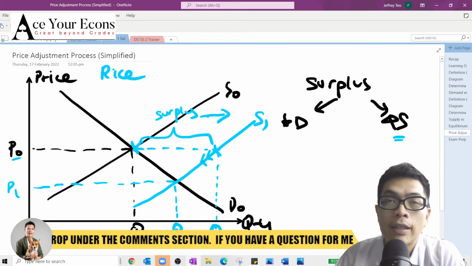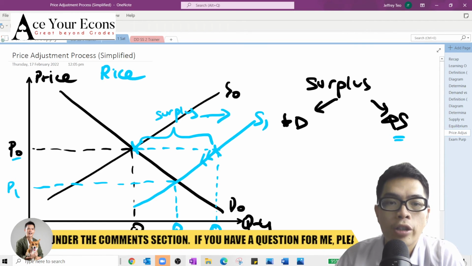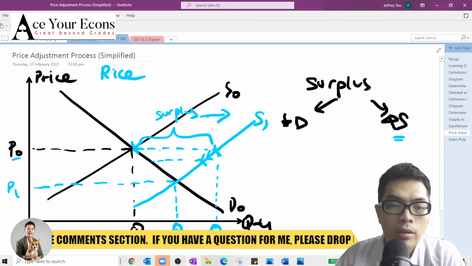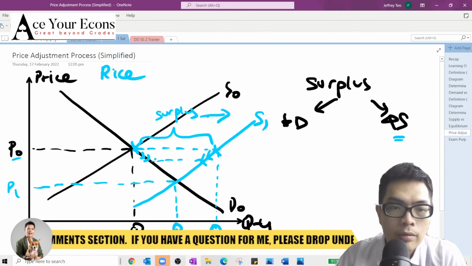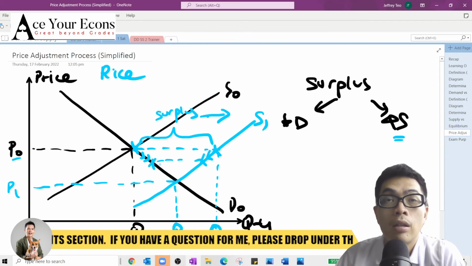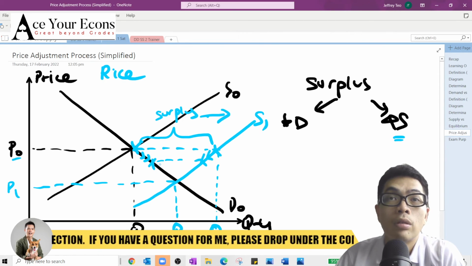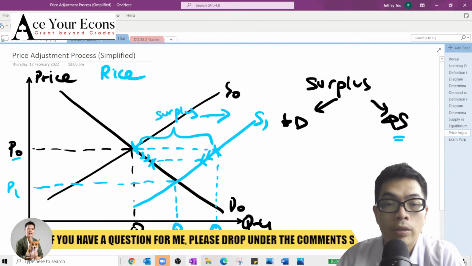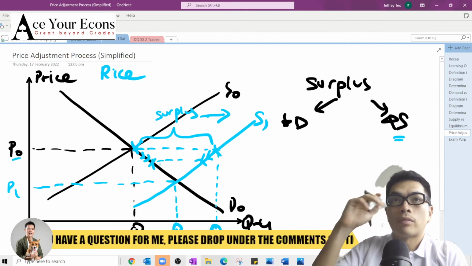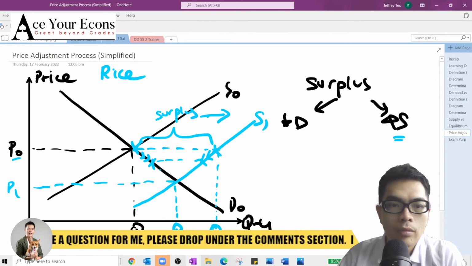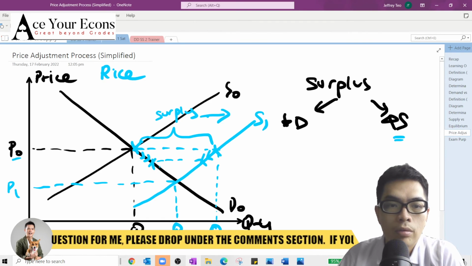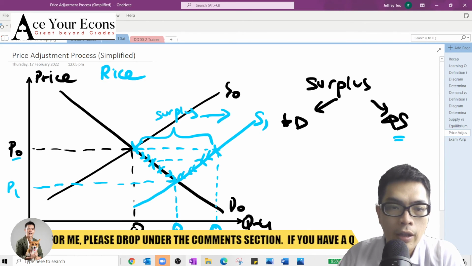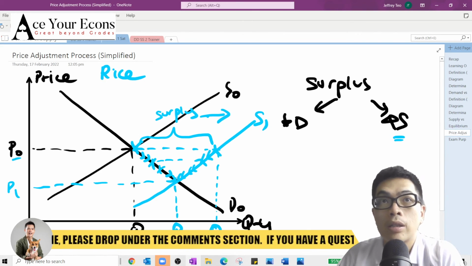They will signal their intention to sell at a lower price to the consumers. Consumers receiving the signal will be incentivized to consume at a lower price. Quantity demanded goes up. So far so good? So this will go on indefinitely until P1 and Q1 is achieved.